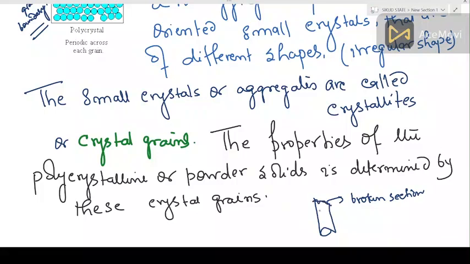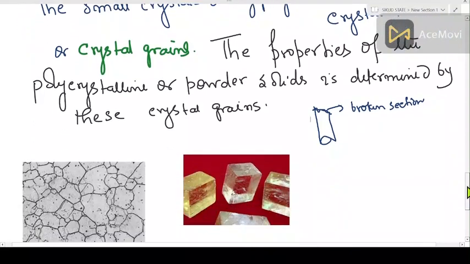Here the structure is quite irregular, because it is a polycrystalline solid, or it is a powder in terms of solid state physics or material science. But when you cut a crystal, for example a crystal of quartz, it is not so.